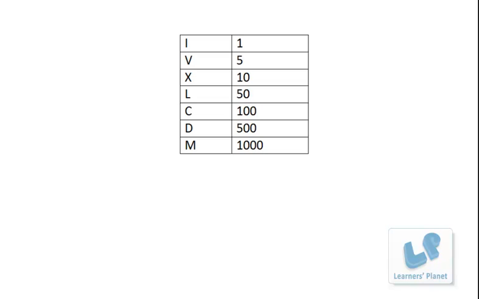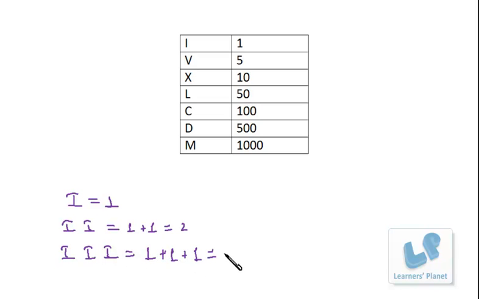Kids, first of all, let's learn to write the numbers from 1 to 10. Now, 1 is I. If I wish to write 2, then I I, that is 1 plus 1, that is 2. If I wish to write 3, that means I I I, that is 1 plus 1 plus 1, that is 3.